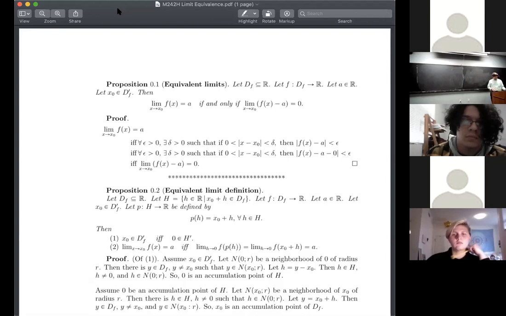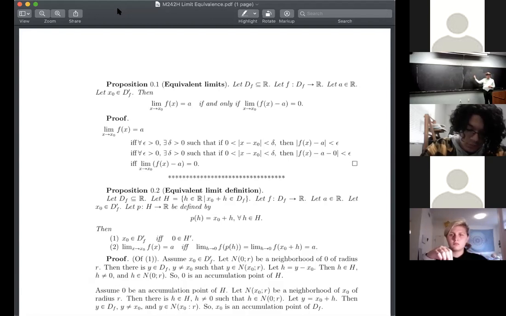So let's talk about these two different things. Second proposition. What I wrote on the screen is less complicated than what I wrote on the board. I wrote the two things I want to talk about, not all the stuff we need to do it.